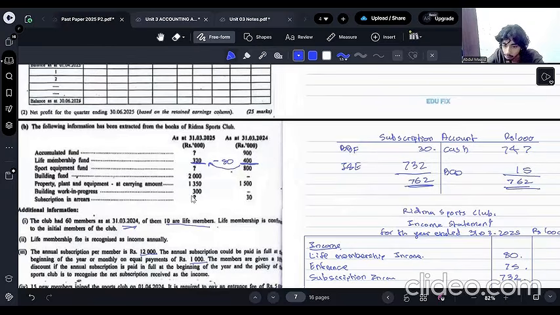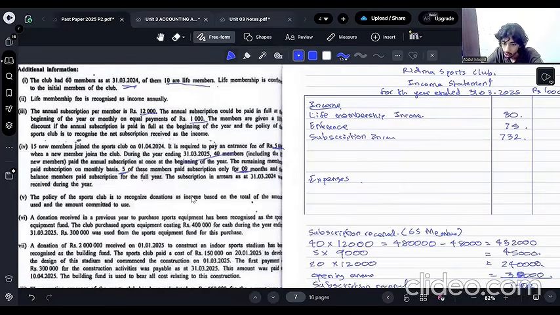So here sport equipment fund, you have 800. The club purchased sport equipment costing 400,000 for cash during the year, and 300,000 was used from the sport equipment fund for this purchase.